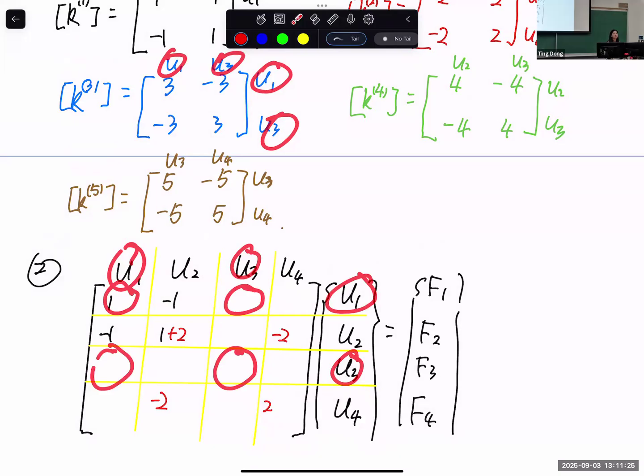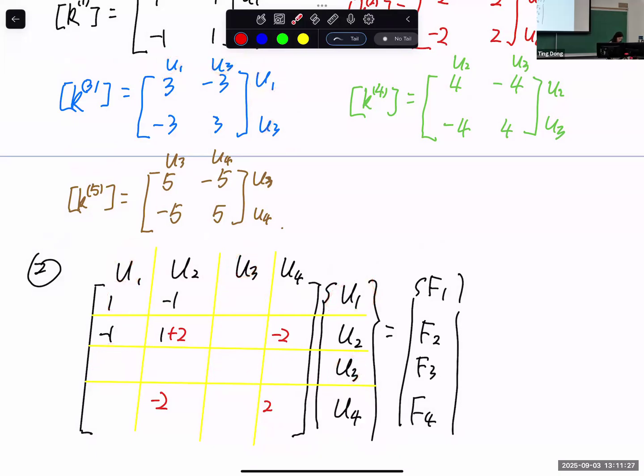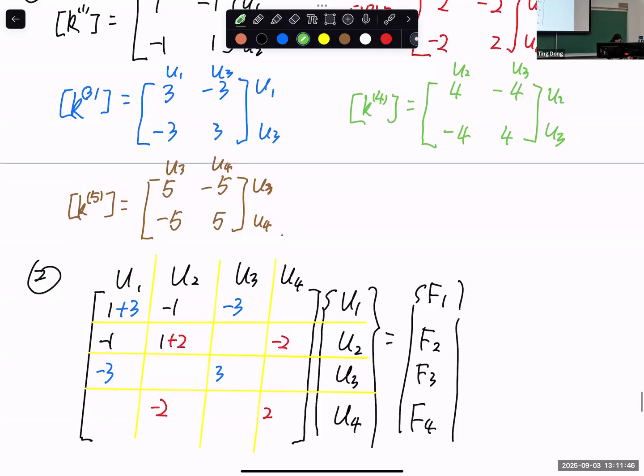Make sense or not? Okay. So for element 3, we have +3, -3, -3, +3. And same thing for element 4, we have U2, U3.